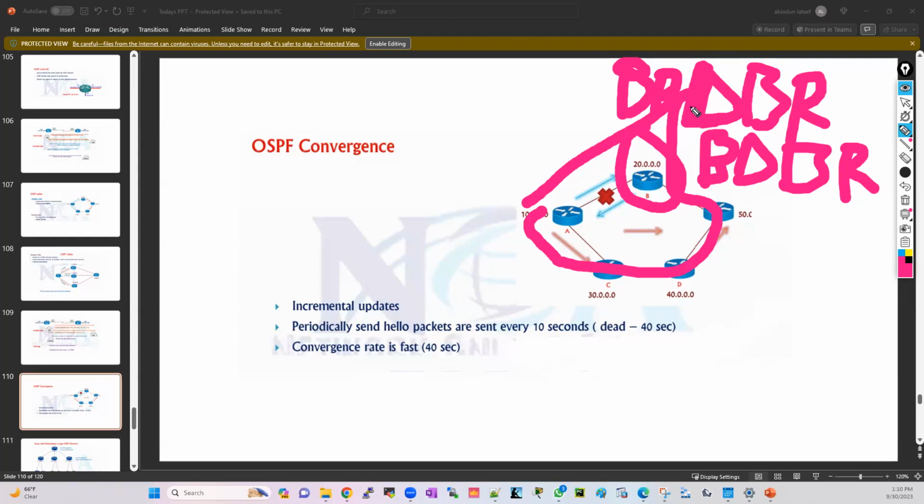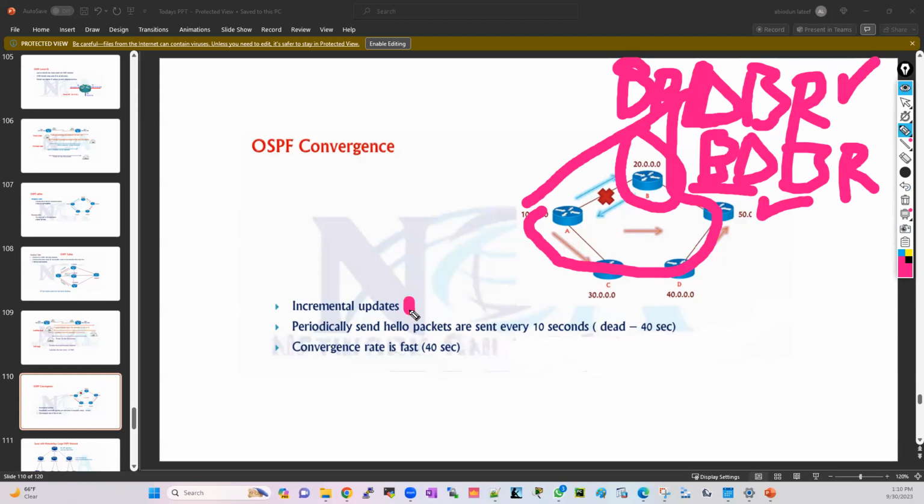And in case the designated router is down, the backup will become the next. They do this election automatically. We are not involved. There are some metrics they consider to do that. So we need to know that we have a designated border router and a backup designated border router.